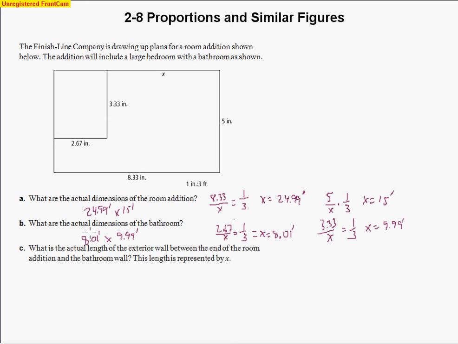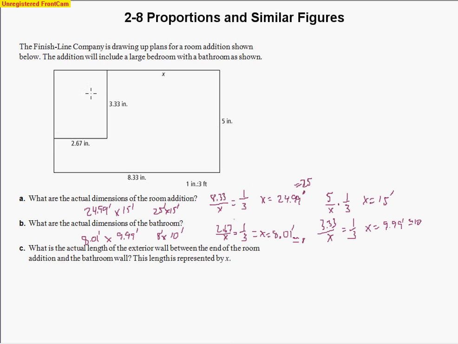So let's go ahead and do that. This is going to end up being the 10 feet here. We'll call 9.9 pretty close to 10 feet, and 8.01 pretty close to 8 feet, and this 24.99 pretty close to 25 feet. So we can adjust that real quick. And we called this one 8 by 10 feet.